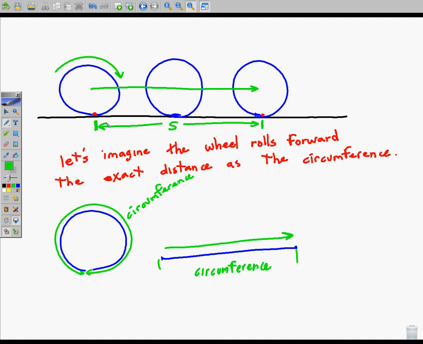So we know that the tire's linear velocity forward, we know that velocity is equal to the change in the forward displacement over the time. And in this case, how far forward did it go? Well, it went forward a distance s in a certain amount of time t.